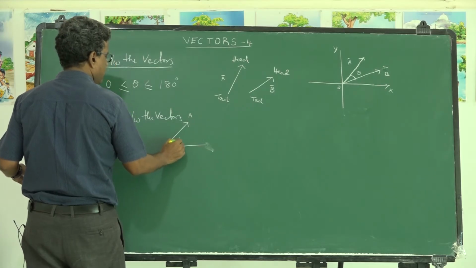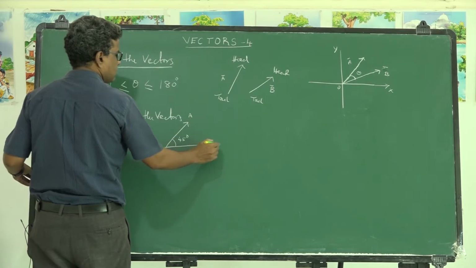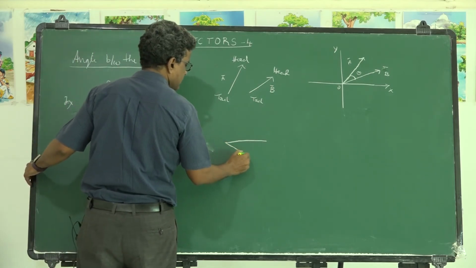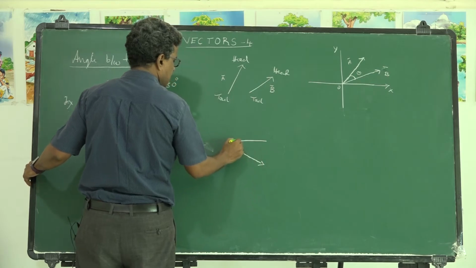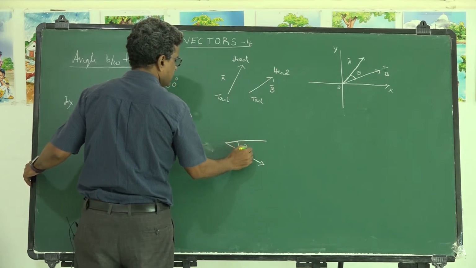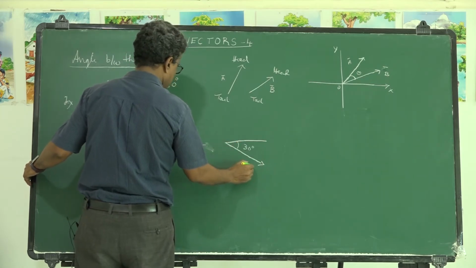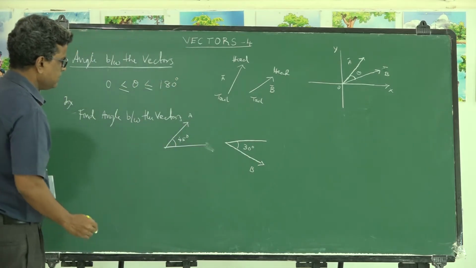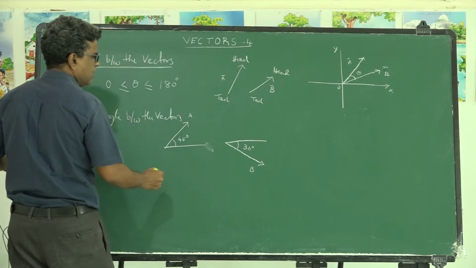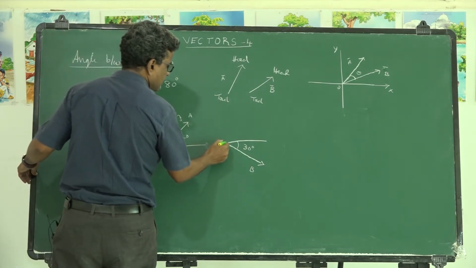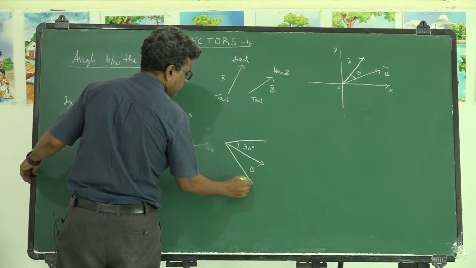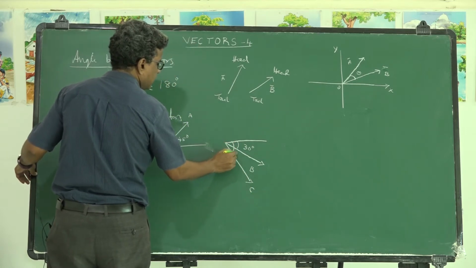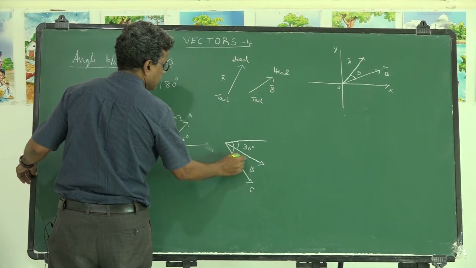For the second vector, with the x axis as the reference, this is again 30 degrees, clockwise. This is the B vector. There is another vector, C vector, which is at 45 degrees, this angle.